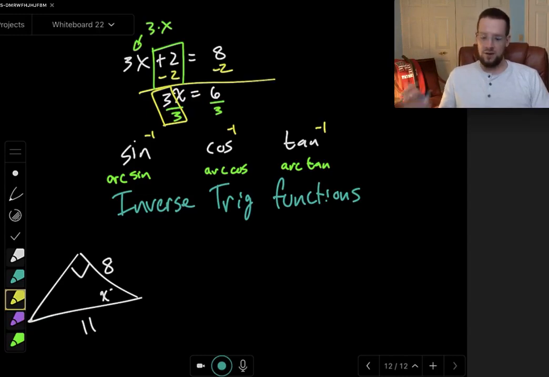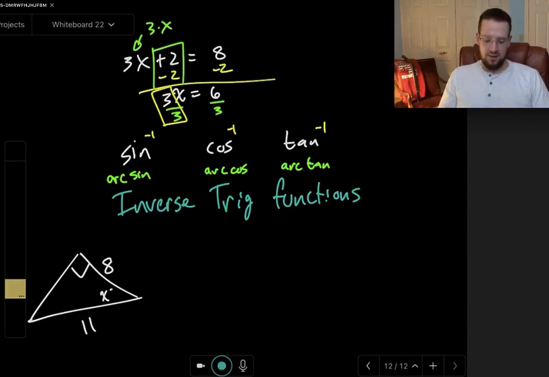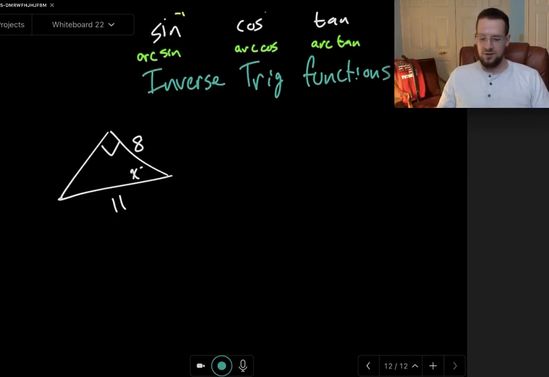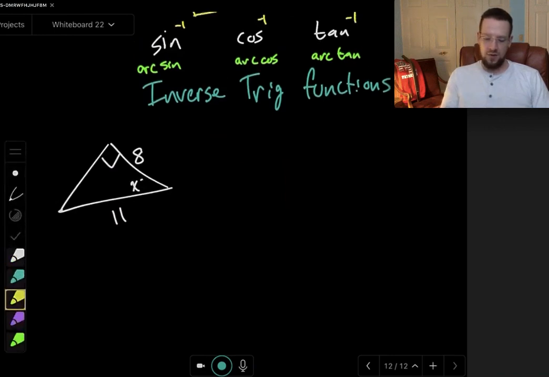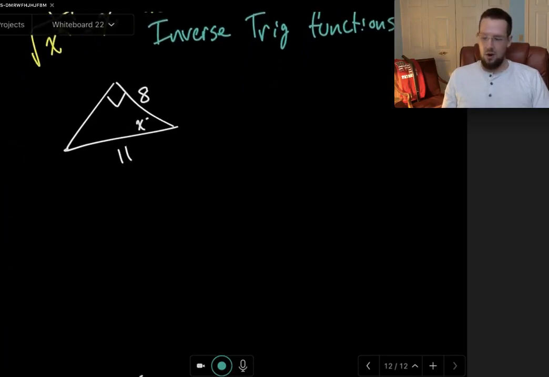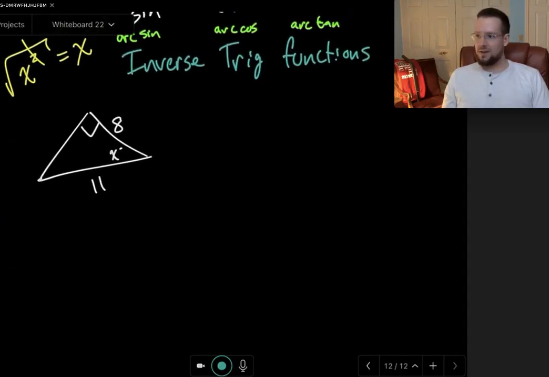So the idea here is that we are using these inverse functions. We had one also where when you square rooted the square, these two things canceled and you were left with just x. So we have some inverse operations already in our arsenal, and today we're going to continue on with these.